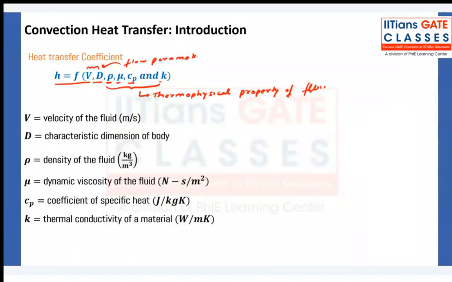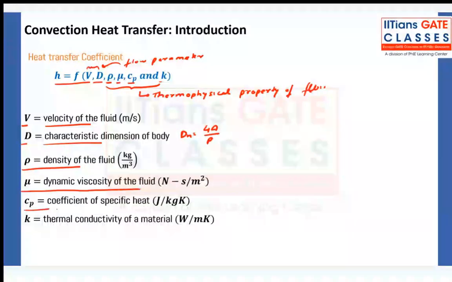Okay, and we know what all of them are. V is the velocity of the fluid, meter per second. D is the characteristic dimension. Okay, how do we determine this? DH is equal to 4 times area by wetted perimeter. Rho is density, kg per meter cube, mu is dynamic viscosity of the fluid, Cp is the specific heat coefficient, and k is the thermal conductivity of the material.